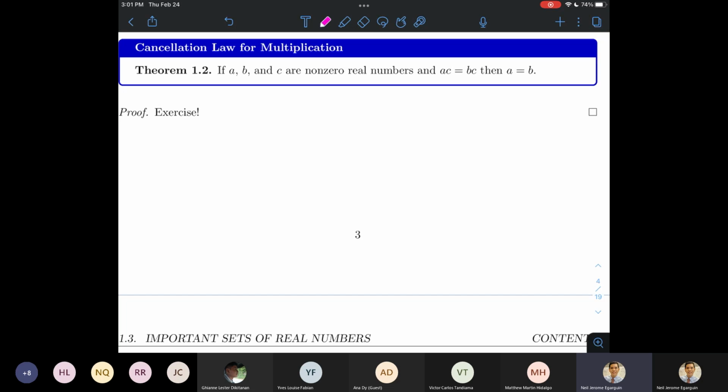Sometimes sila yung madadali, minsan sila rin yung mahirap. So, tulungan niyo ako mag-isip paano isusulat yung proof. But I guess the proof for the cancellation law for multiplication will be very similar to the one for addition. Okay. Now let's see what are the assumptions here.